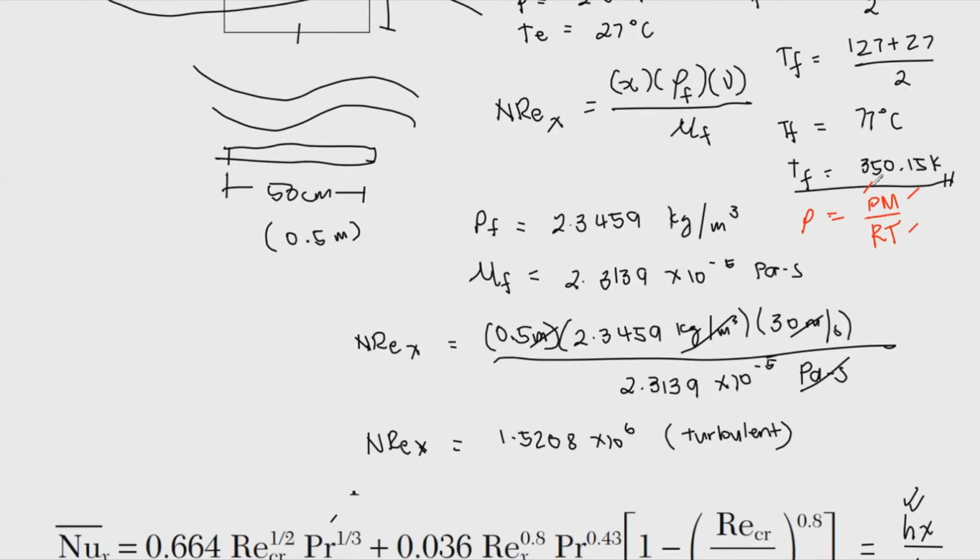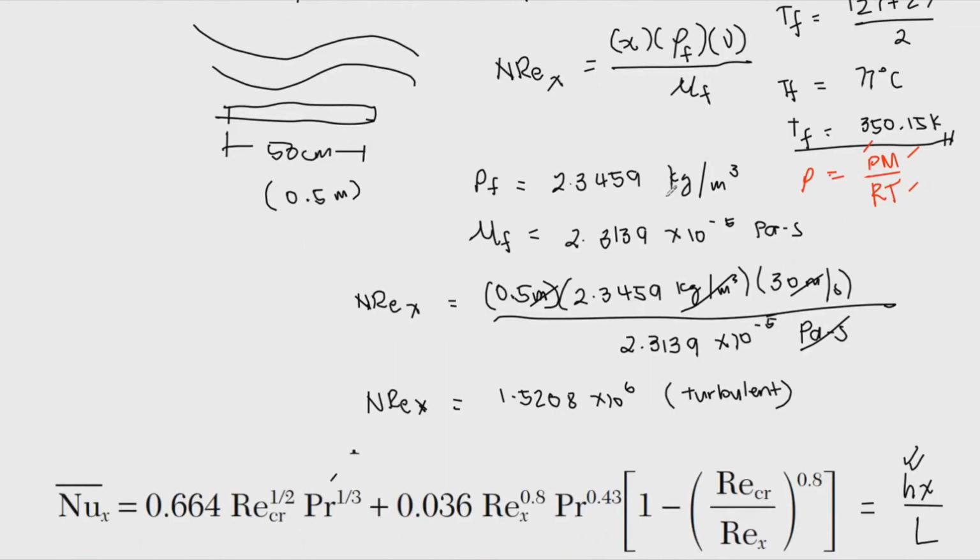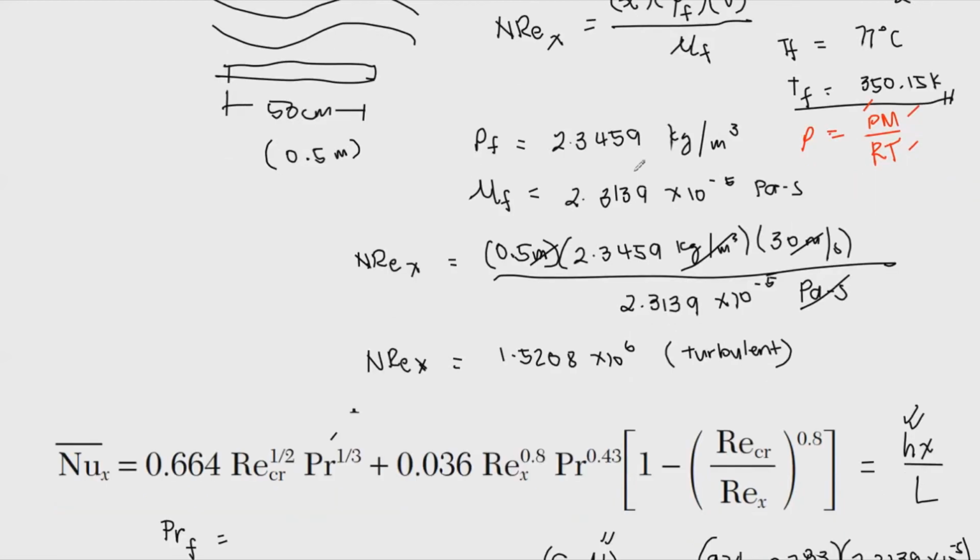But since I'm using all the data obtained from the Perry's Handbook, I might as well use the data that is also included in that particular book for the density. It's just being consistent with all that we do. Since we're all taking the data from the handbook, and density is also given, I'll be taking that data from that handbook as well.